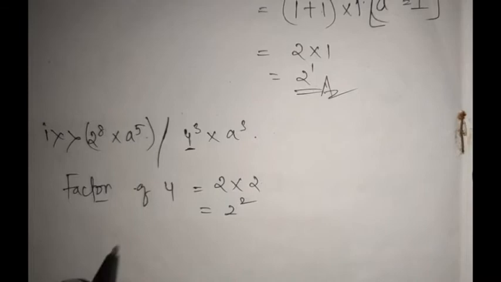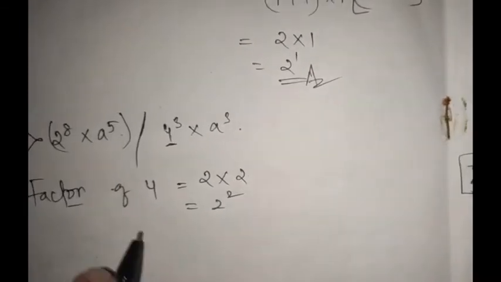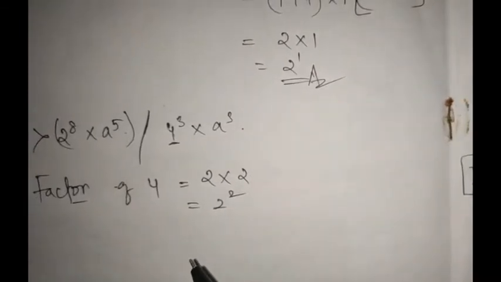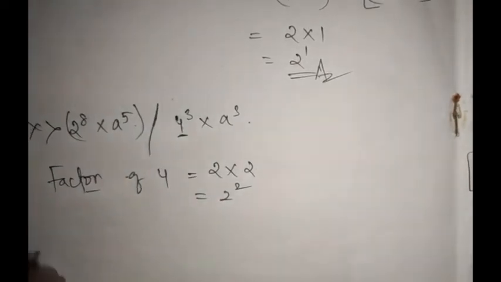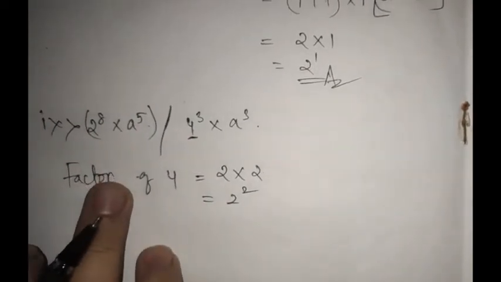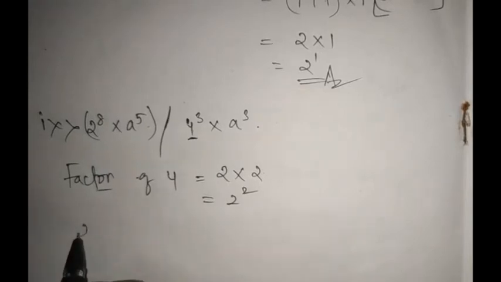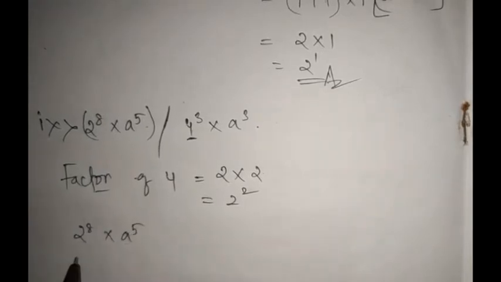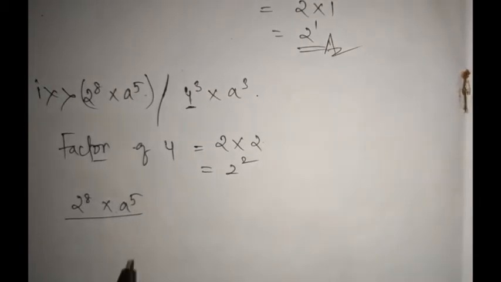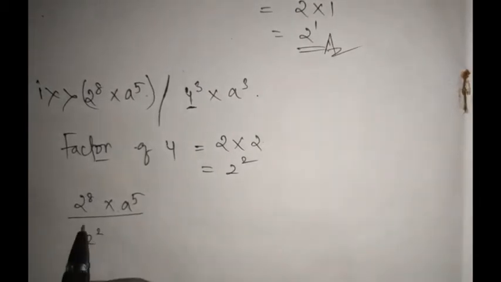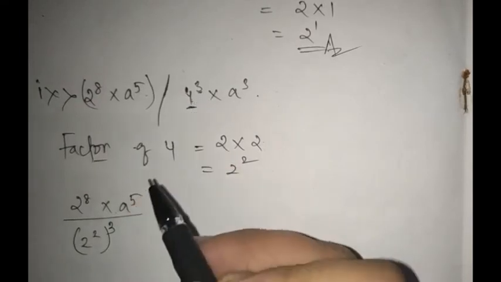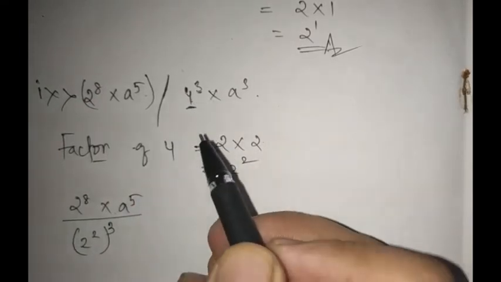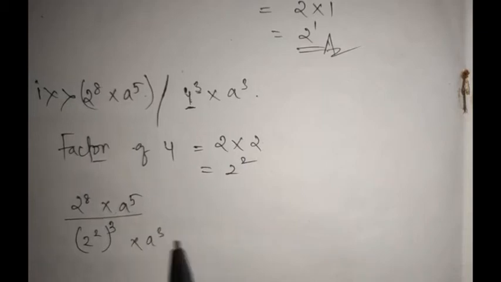So if I replace 4 with 2 to the power 2 over here, then what will happen? Then 2 to the power 8 into a to the power 5 divided by 2 square, and outside the bracket there will be a cube. Don't forget to put this cube. Okay, so that is also the thing that is going to matter.